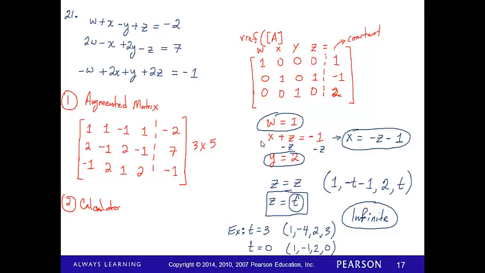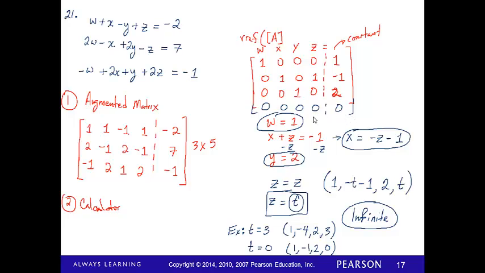So be careful. Some calculators would input a last row here, and that last row would be all 0. So depending on what kind of calculator you have, your calculator could have told you that the last row was all zeros, which means in that case you have 0 equals 0.